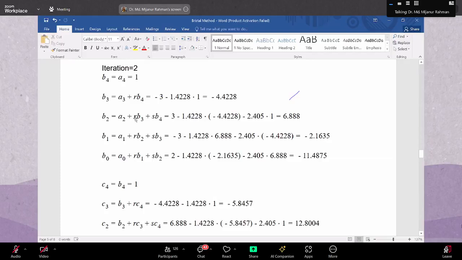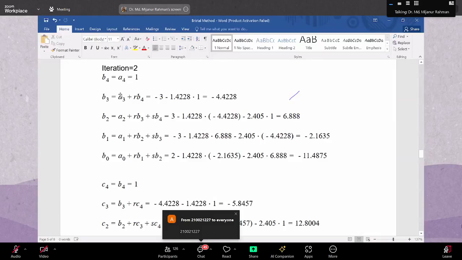How the two successive equations can be tied by using recurrence relationship, how we can get the coefficient of the next equation from the previous value by using recurrence relationship.